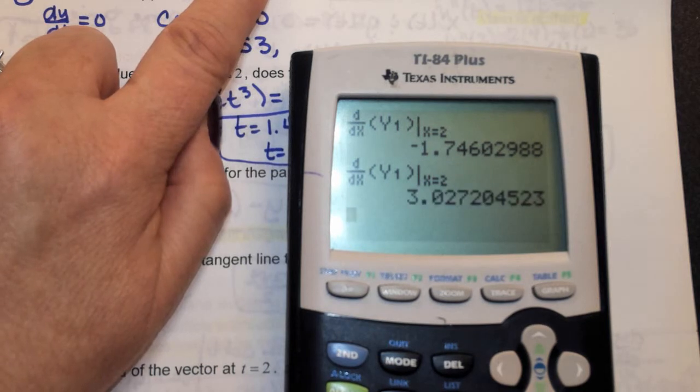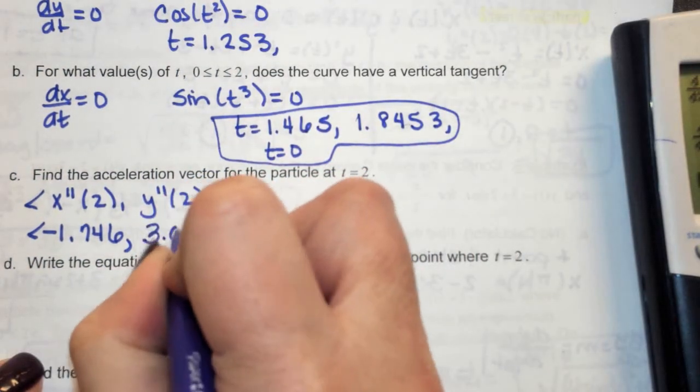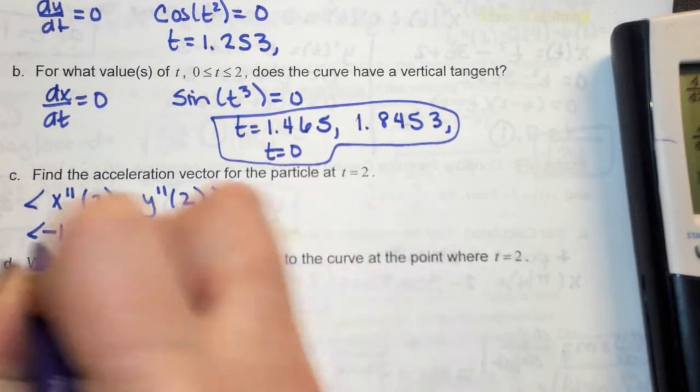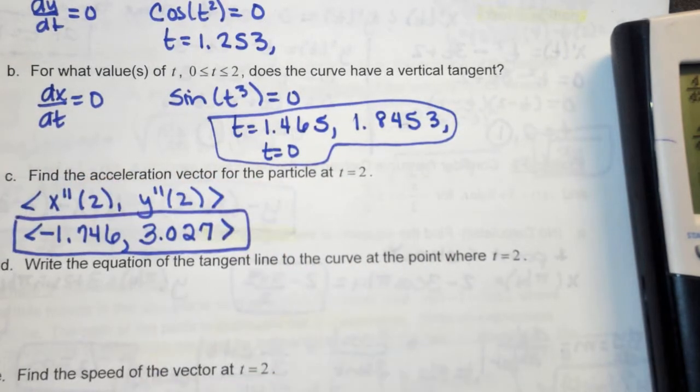And it will automatically plug in that new y1 function for you. So we're at 3.027. There's all kinds of things you can do. All right, are we good on the acceleration vector?